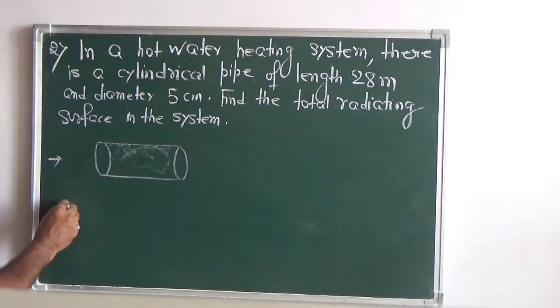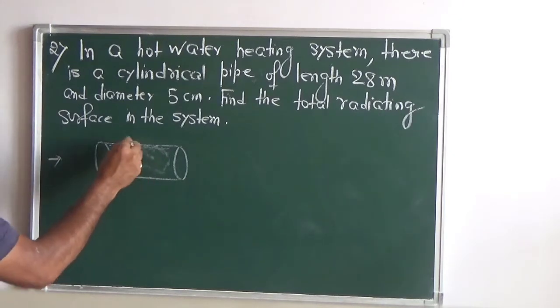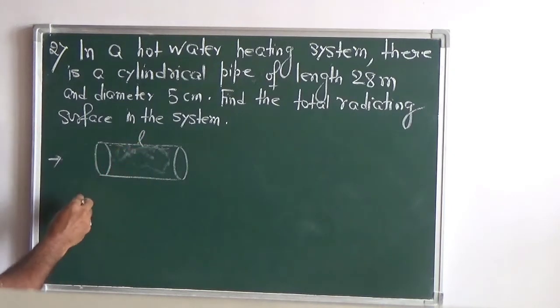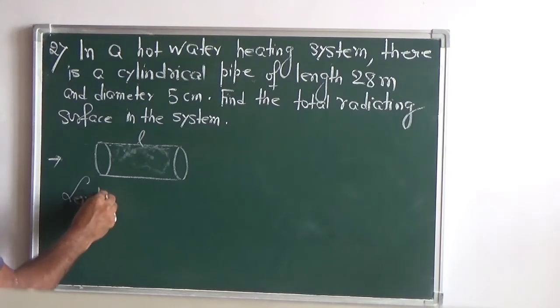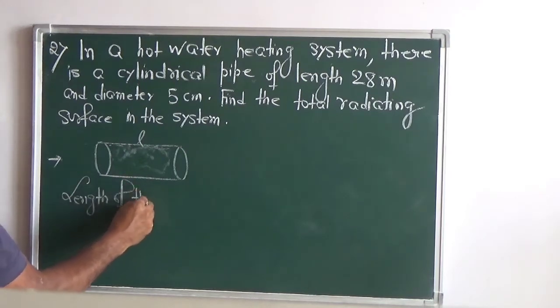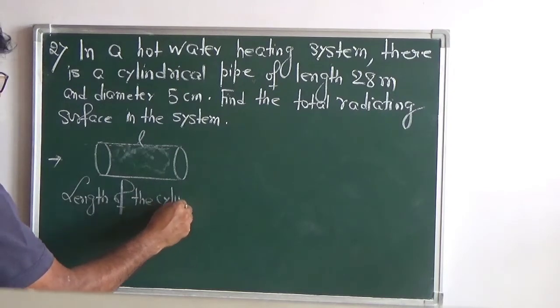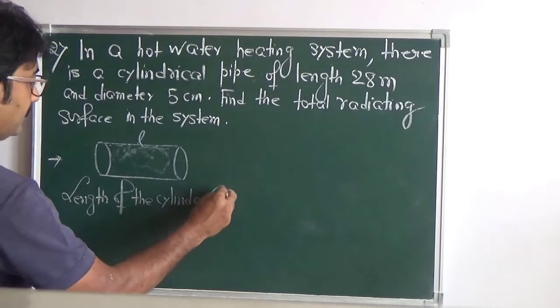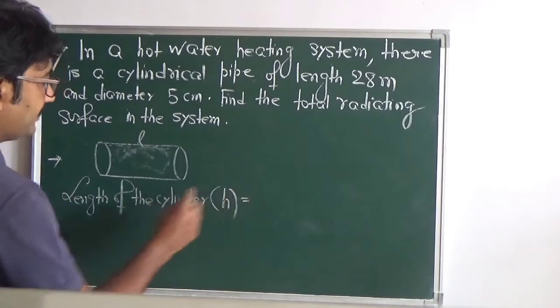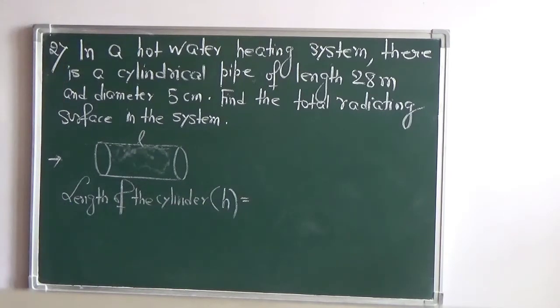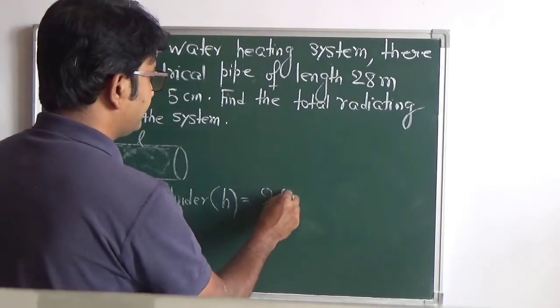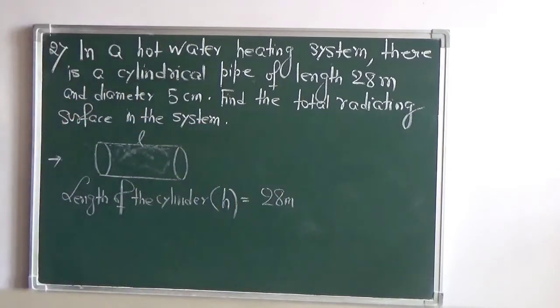The length of the cylinder, which we actually call the height if you make it vertical, is given as 28 meters, and the diameter is given as 5 centimeters.